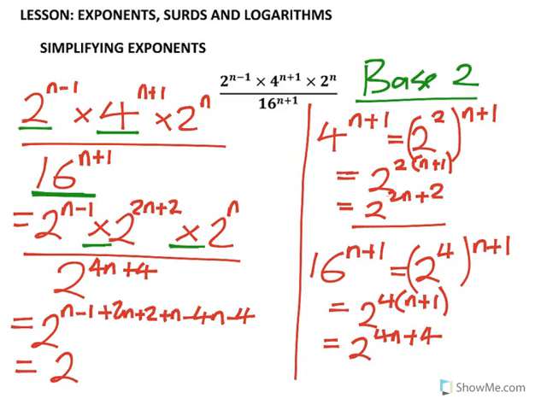You collect the like terms. Now it's n plus 2n plus n minus 4n, minus 1, the numbers now, plus 2 minus 4. I think I wrote everything correct.